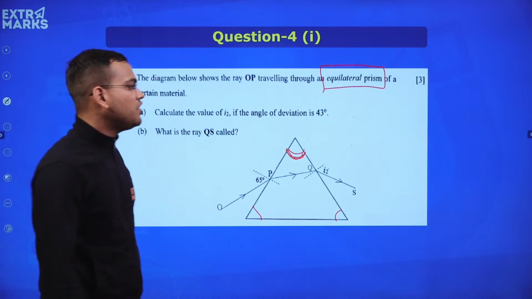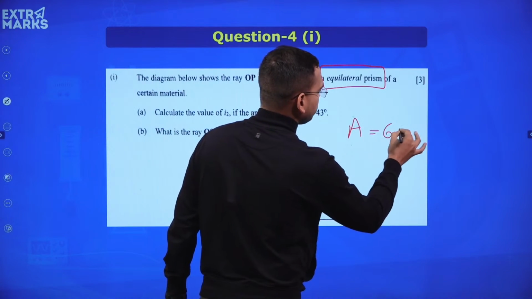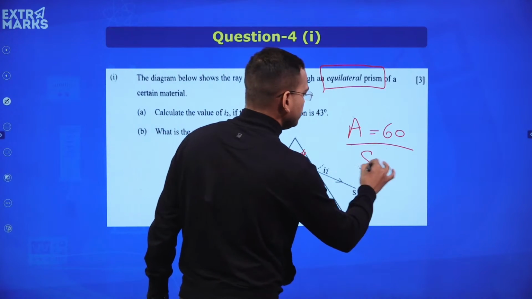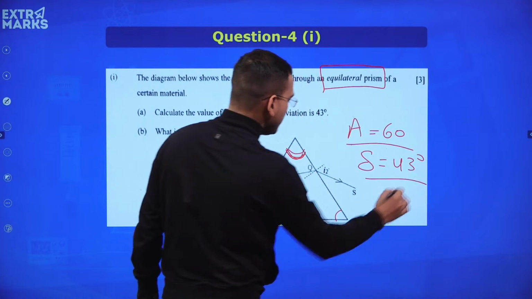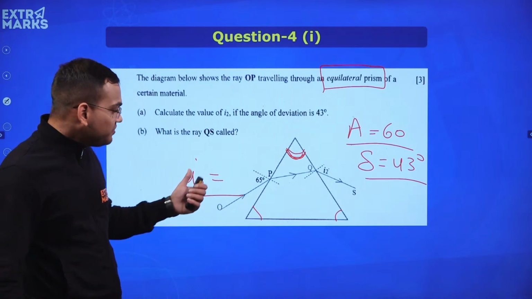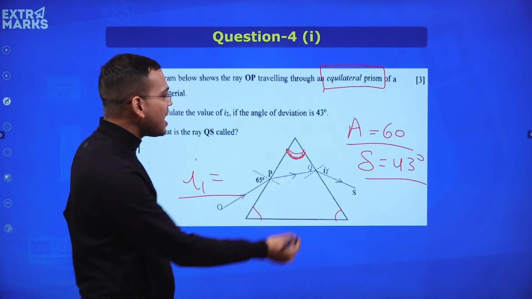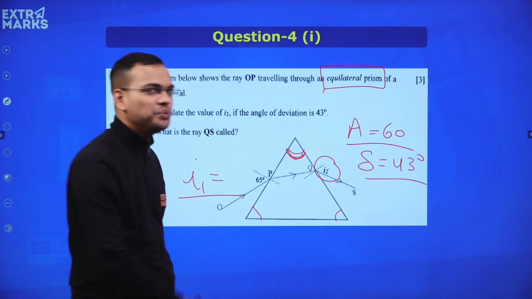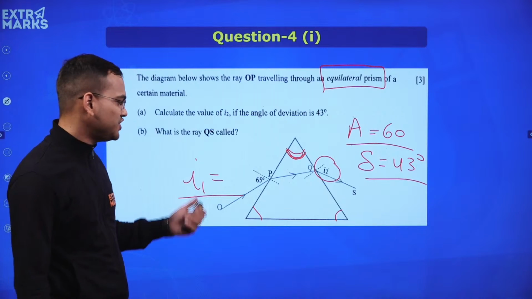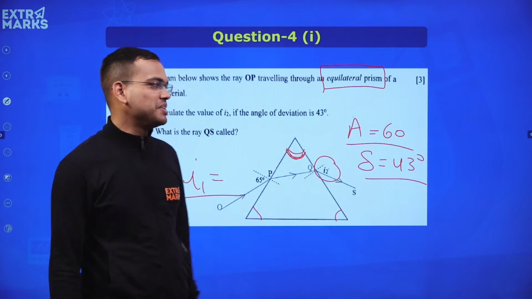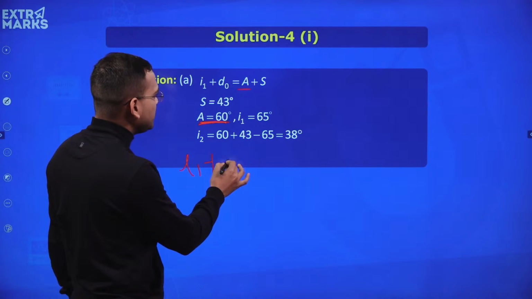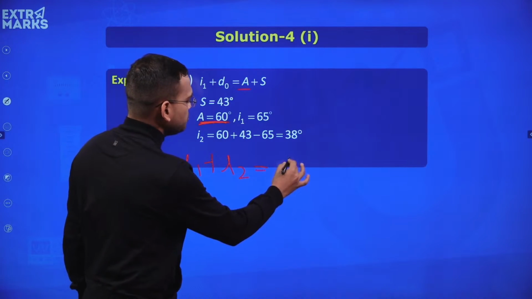Now, if angle of prism A is 60 degrees, and angle of deviation delta is 43 degrees, and I1 is given as 65 degrees. If three angles are given to you and you are asked the value of I2, I hope you all have learned that relation consisting of I1, I2, angle of prism and deviation, which is very simple. I1 plus I2 equals A plus delta.